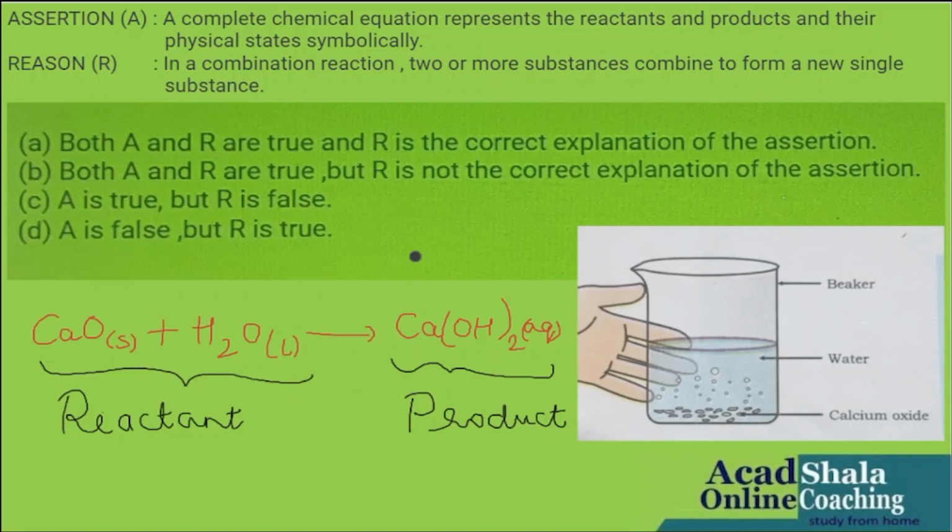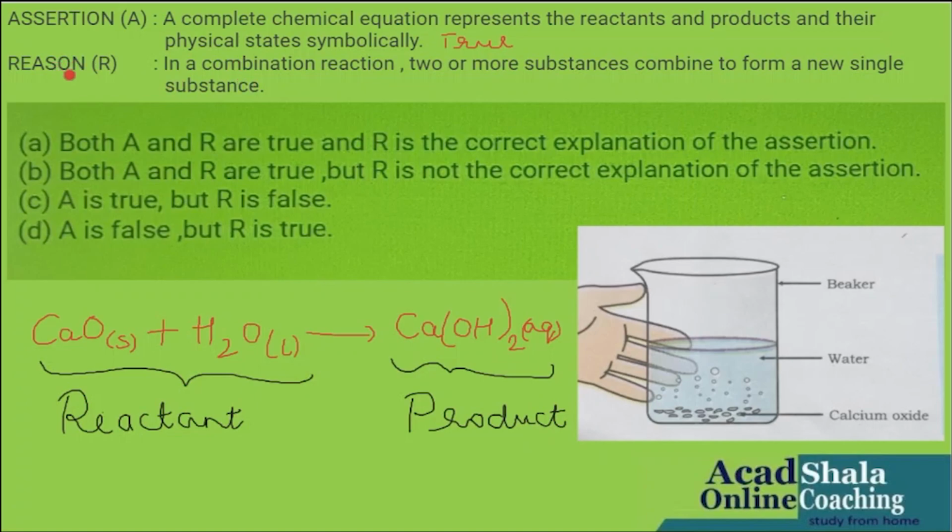This is what the first statement is trying to say, that a complete chemical equation represents the reactant and the product and their physical states symbolically. Yes, this is an absolutely true statement. The first one, the assertion, I will write true in the corner. So this is done from my side.